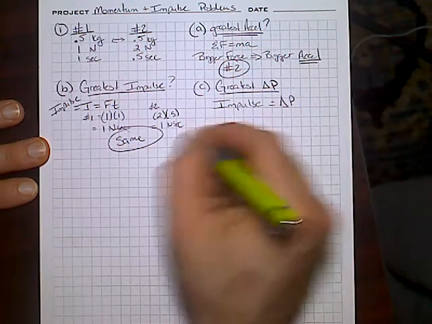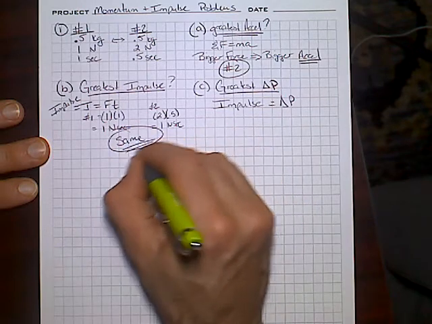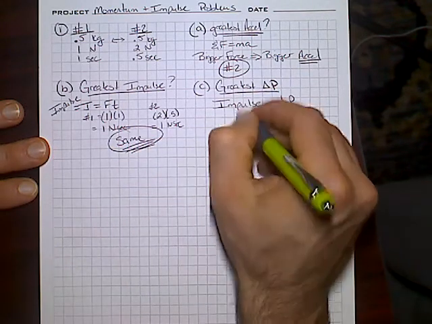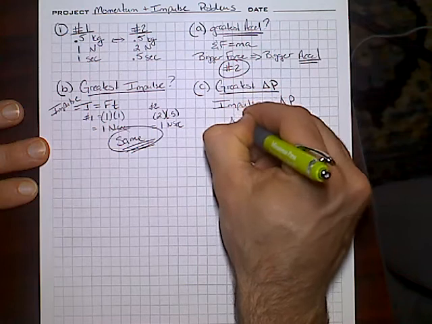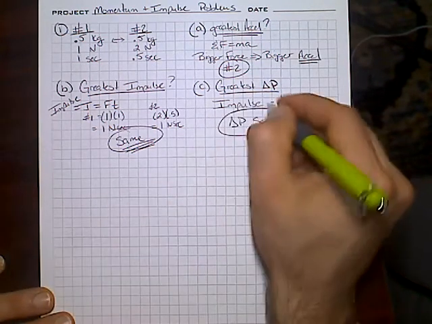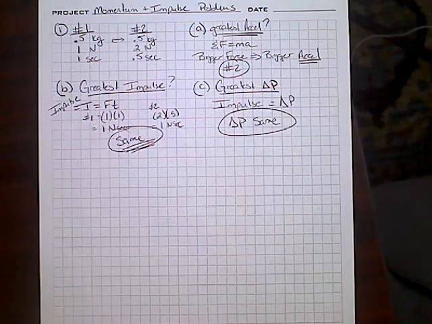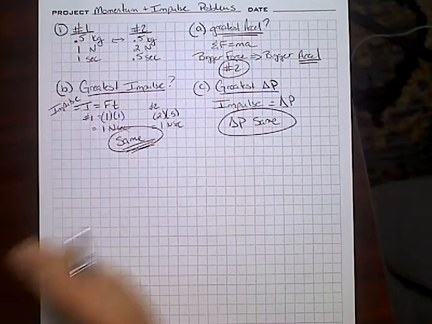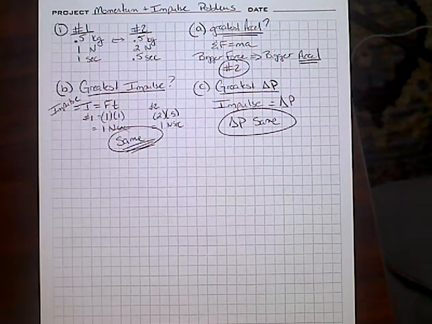So if the impulse was the same, that means the delta P is the same for both as well. They both have the same change in momentum. What these problems were doing was simply changing the words around and having you look at these problems from different angles, but kind of asking the same questions. All right, let's move on.